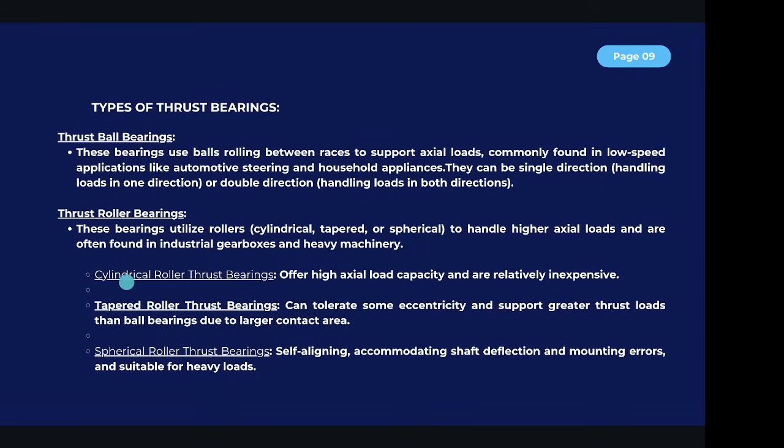For this, we have the cylindrical roller thrust bearing, which offers a high axial load capacity and is relatively inexpensive. Another one is the tapered roller thrust bearing. This one can tolerate some eccentricity and support greater thrust loads than ball bearings due to the larger contact area.